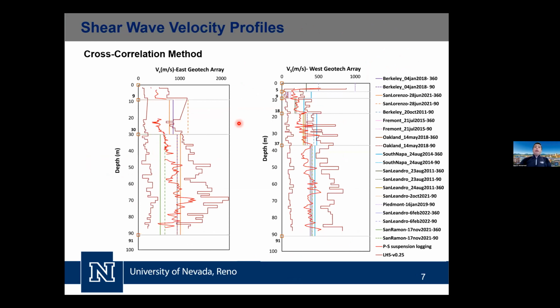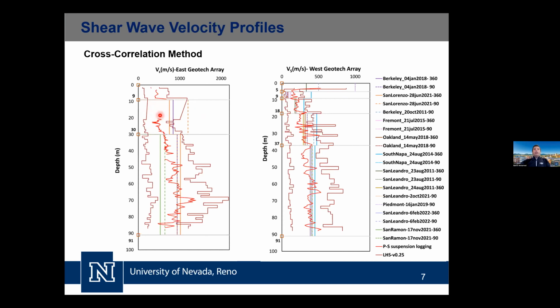Although we were provided with the shear wave velocity profiles at these 2 downhole array sites, we still utilized the cross-correlation method to calculate the shear wave velocity based on the recorded data. The reason is that we wanted to feel comfortable and confident in the data we were given, the VS profiles, and also fill some of the data gaps.